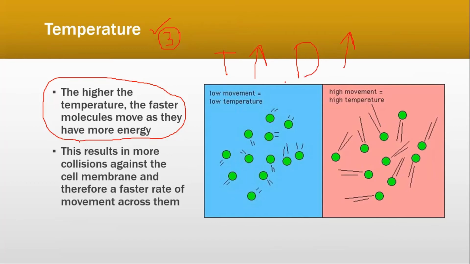Whenever you're asked how temperature affects the rate of diffusion, what you will write is: as we increase the temperature, the speed and kinetic energy of the molecules increase. They move faster across the membranes and hence faster diffusion takes place from higher concentration to lower concentration. Low temperature means low movement, and high temperature means high movement. This results in more collisions against the cell membrane and therefore a faster rate of movement across it.